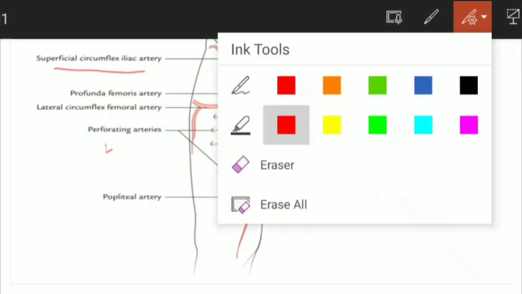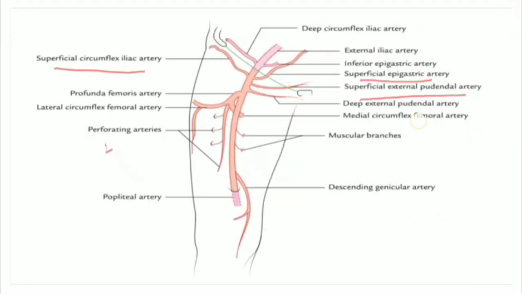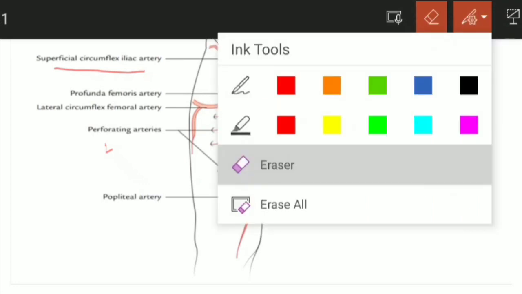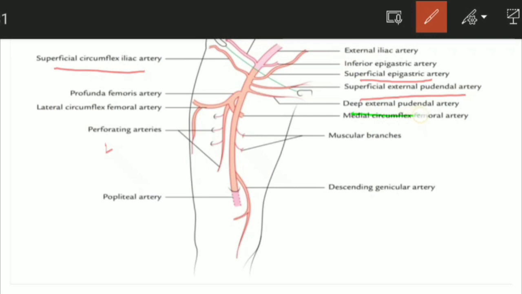One deep branch is the deep external pudendal artery. The superficial branch is the superficial external pudendal artery, and the deep branch is the deep external pudendal artery. Simple. So the femoral artery gives three superficial branches and two deep branches.